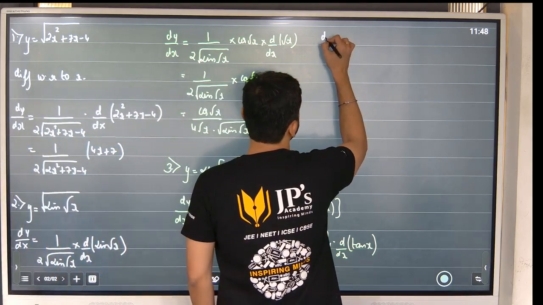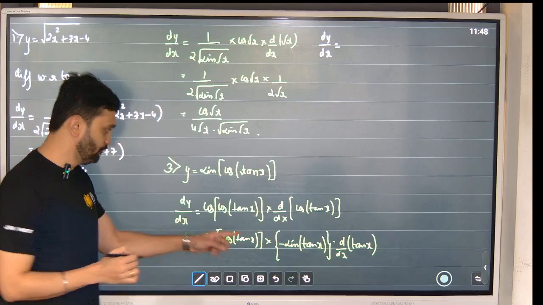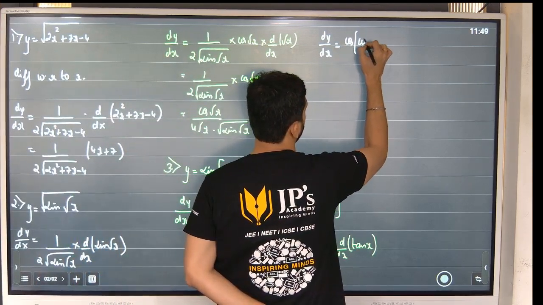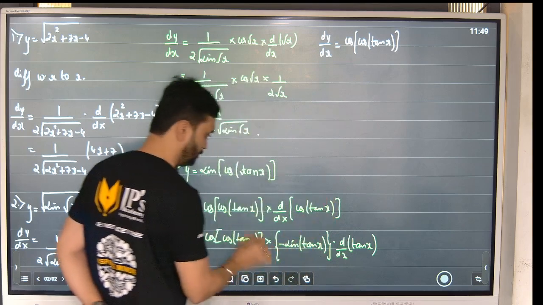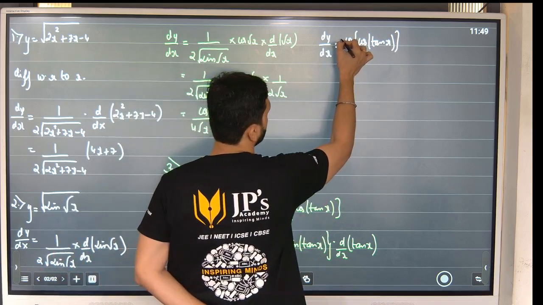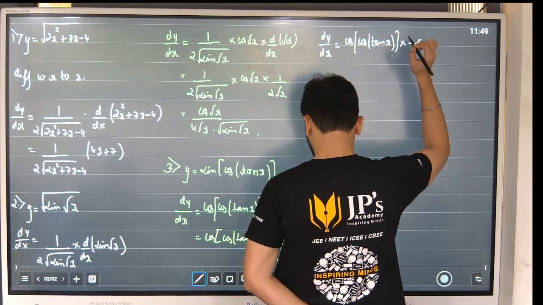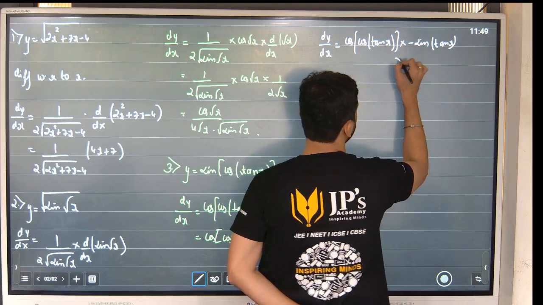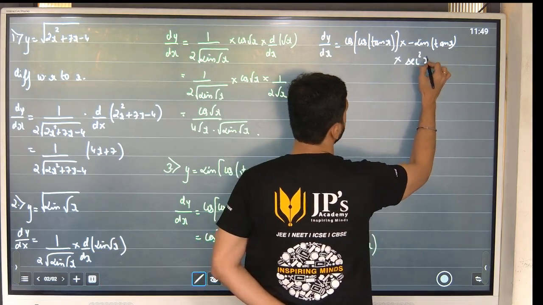so this will become dy by dx is equal to cos of tan x, cos of tan x. This will become minus, so I'll take minus outside. पहले यहाँ पे into minus sine of tan x into derivative of tan x is sec square x.